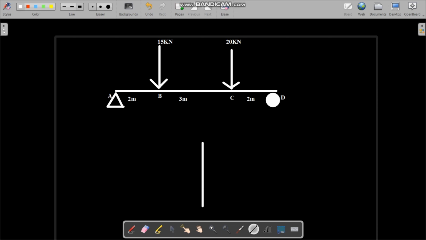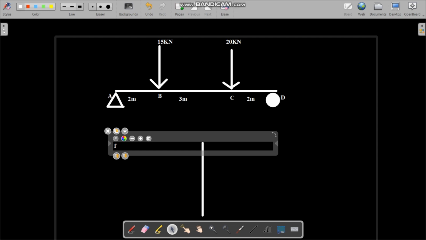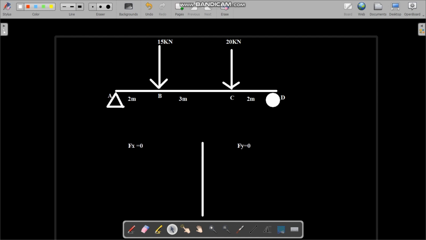We have to find the reaction forces and moments, shear force and bending moment at these points, and also draw the shear force diagram and bending moment diagram respectively.